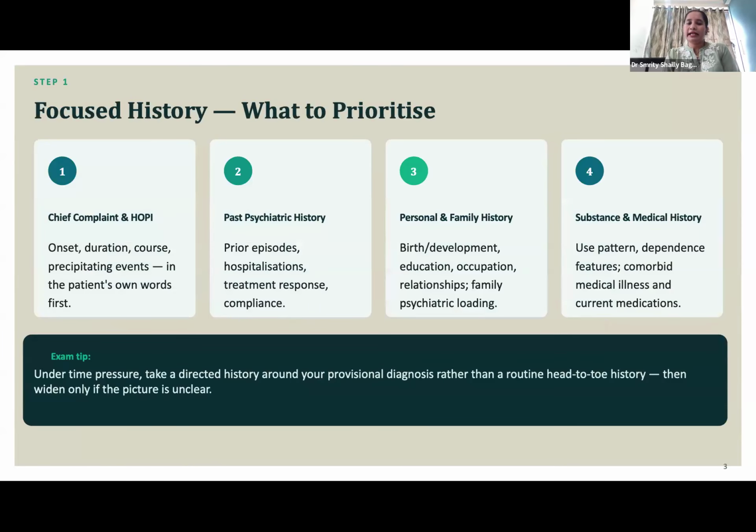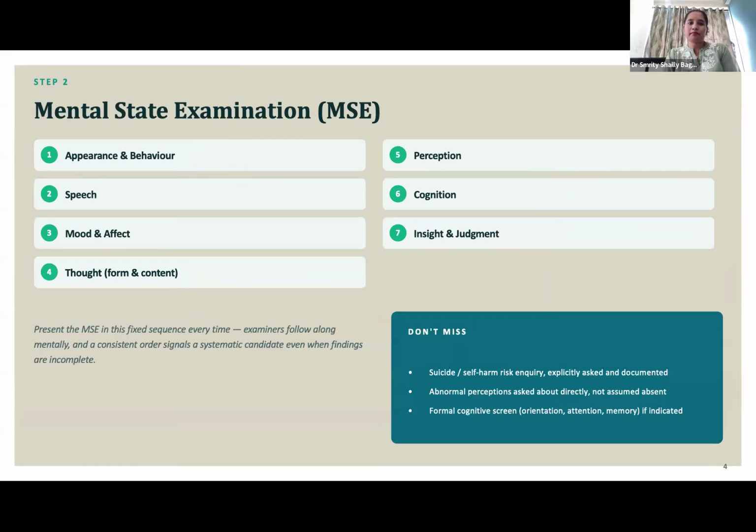Now, while taking the history, all the points should be covered, but the focus or the emphasis should be over the chief complaints and the history of presenting illness, the past psychiatric history including the prior episodes, hospitalization, so the longitudinal part, and also the personal and family history, the past medical or surgical illness, and the substance use history.